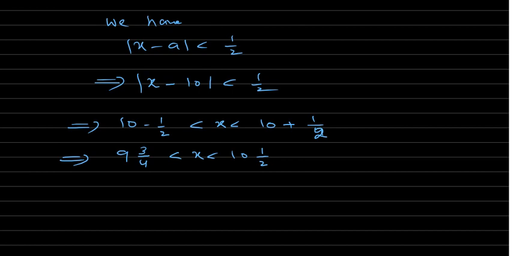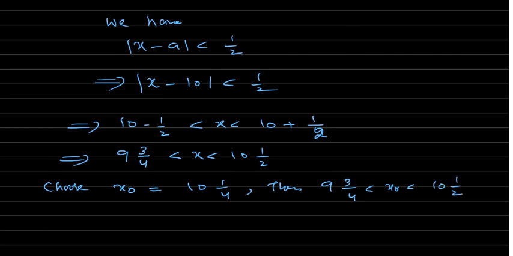So let's choose a point in this range. Choose x naught equal to 10 plus 1 by 4. Then this point satisfies this inequality: 9 3 by 4 is less than x naught is less than 10 1 by 2.